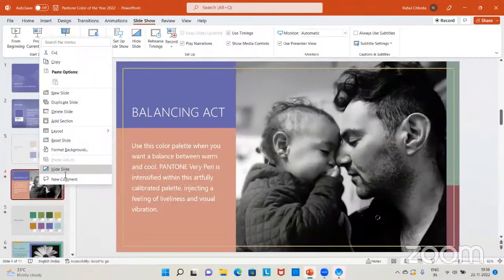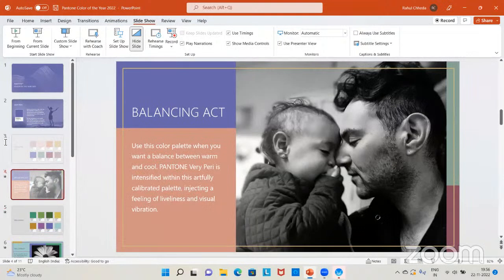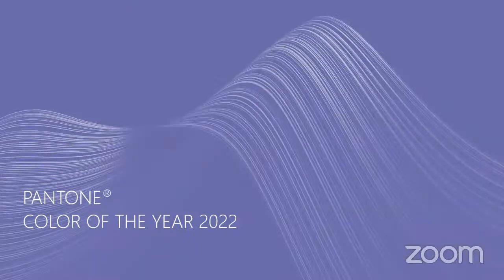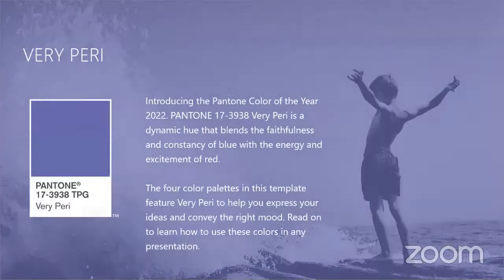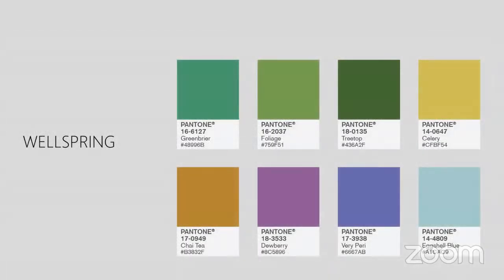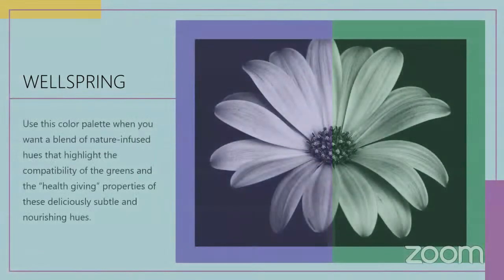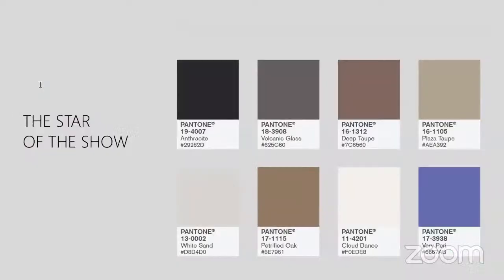Let's say I hide this also: right click and Hide Slide. You can see that a cross mark comes and the slide becomes a little dim, without its actual color scheme. So when you start the slideshow, those 2 hidden slides will not be presented.